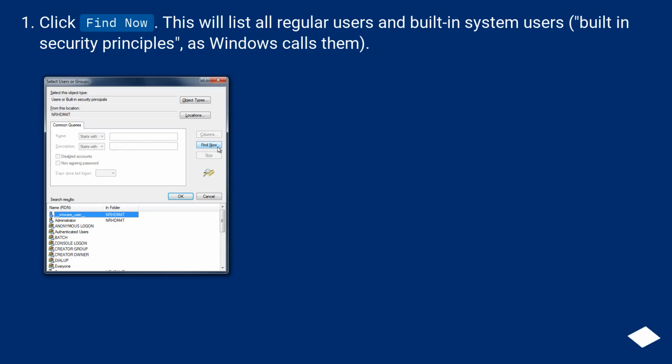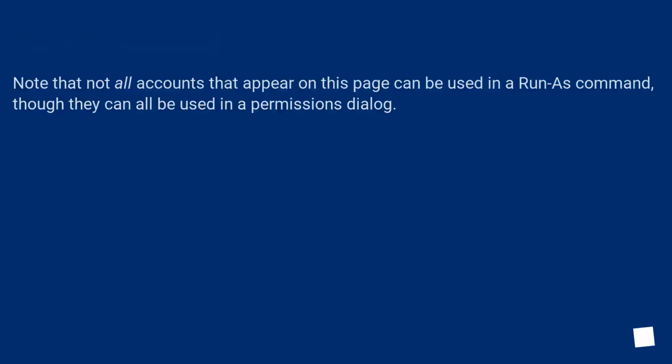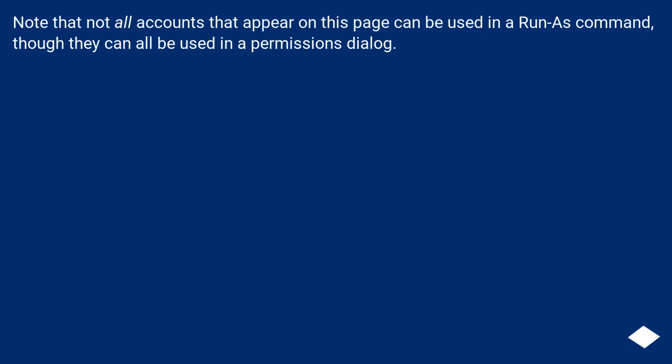Click Find Now. This will list all regular users and built-in system users, built-in security principals, as Windows calls them. Note that not all accounts that appear on this page can be used in a runas command, though they can all be used in a permissions dialog.